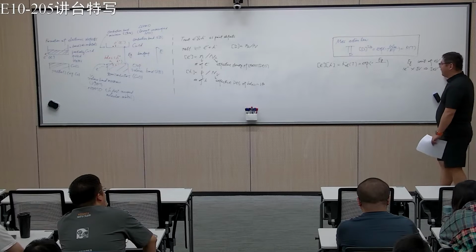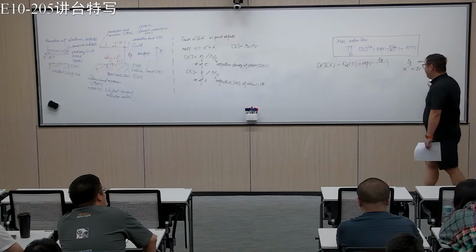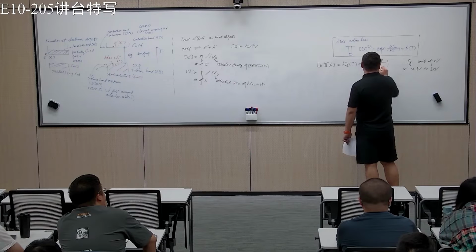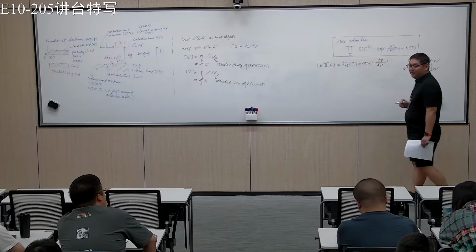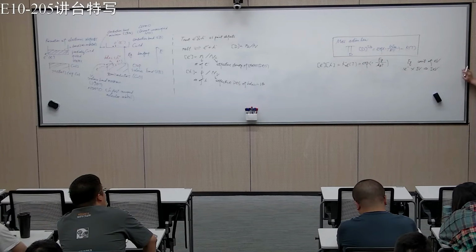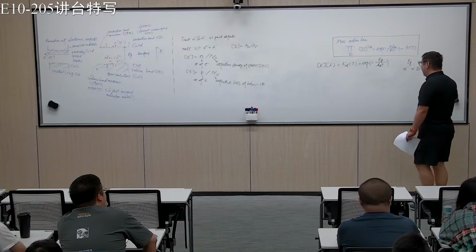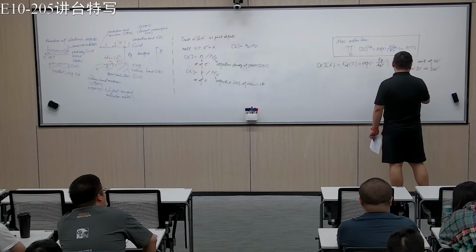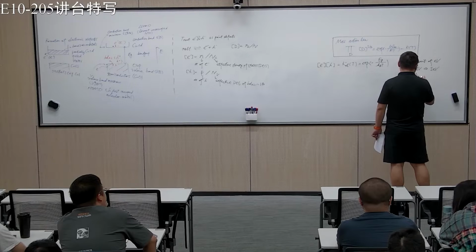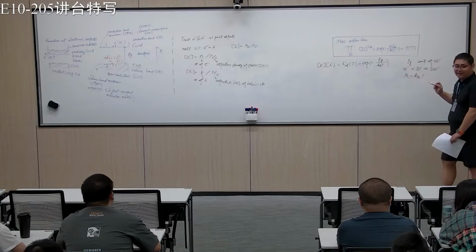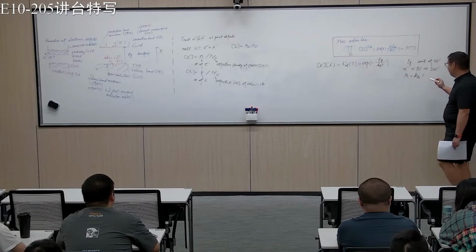When you use eV, what you use here is k_BT rather than RT. Again, let me remind you of the difference. R is k_B times the Avogadro constant.